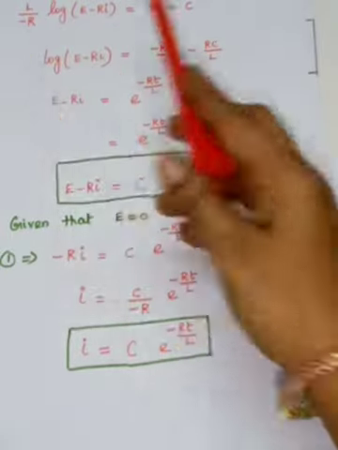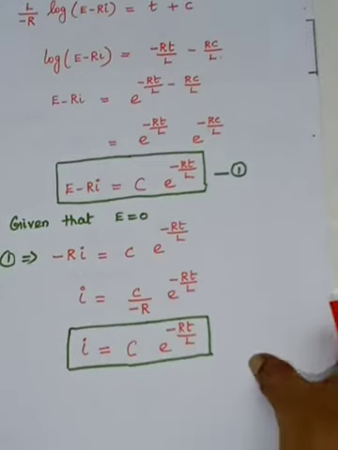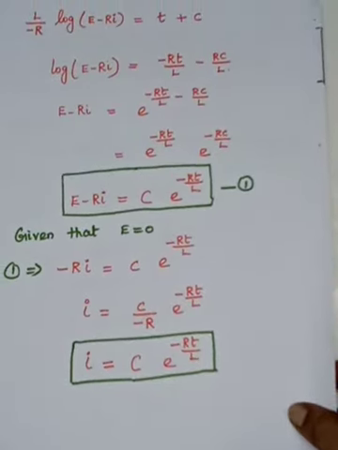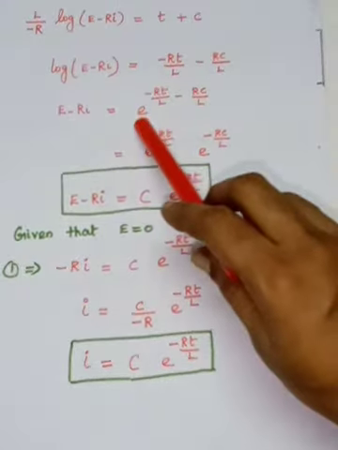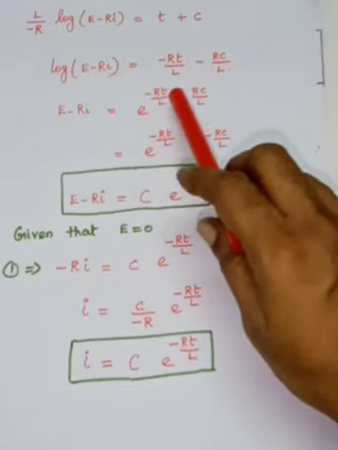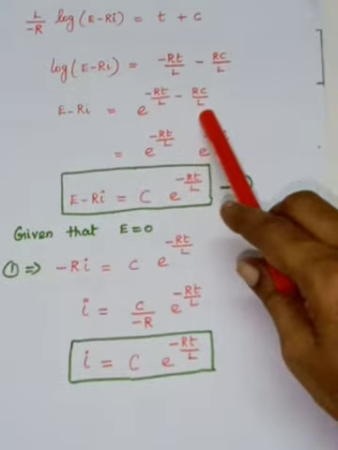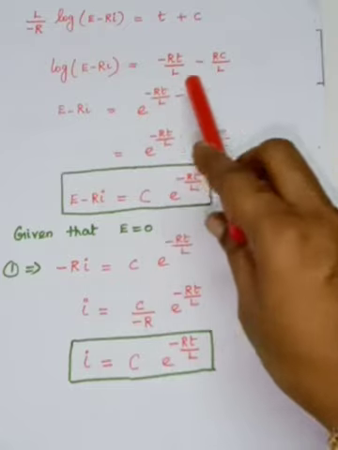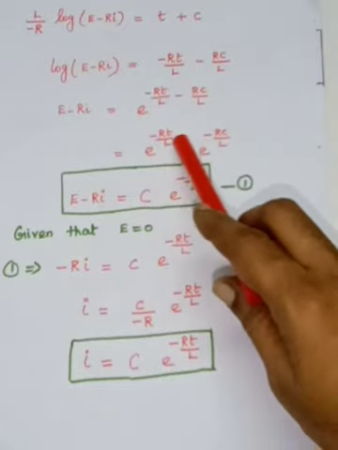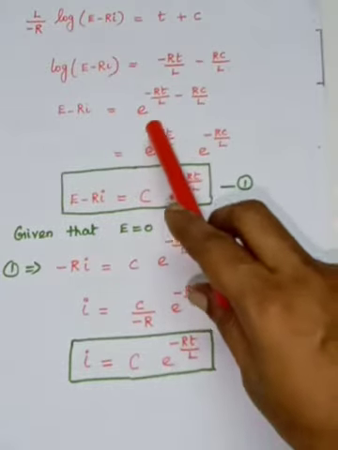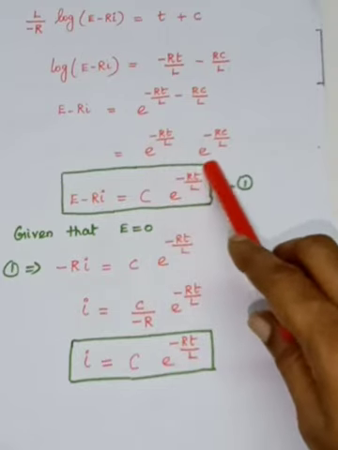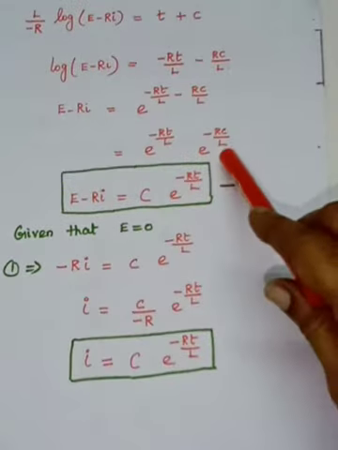So the log, if you bring it to the right side, it will become e power minus Rt by L minus Rc by L. So they are in addition. If you want to write multiplication, e power minus Rt by L into e power minus Rc by L.